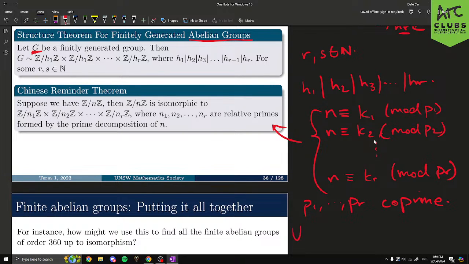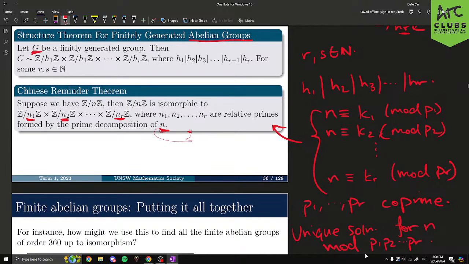Then there's a unique solution for n mod the product of all the p's. So this is like a group theory analog of that. If n1, n2, and so on up to nr are all relatively prime, and their product is n, then Z mod nZ is isomorphic to the product of each modulo. That sounds wrong, but hopefully you get the right idea from that.